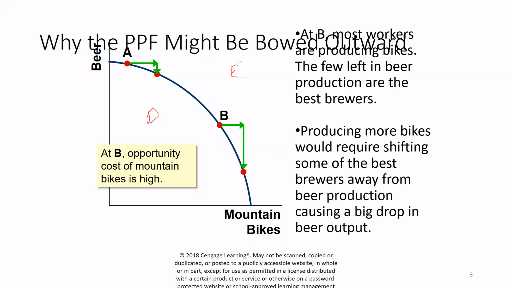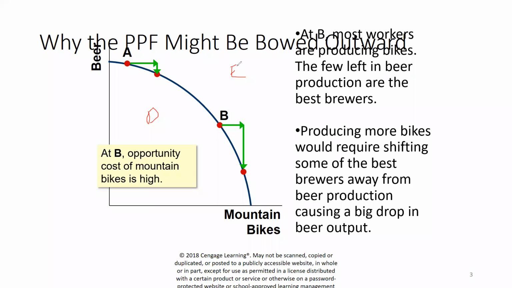All right. So something's going to have to happen to that curve. Now, there are kind of two main shifters. The first one is a change in quantity or quality of resources. That would be more people coming into the United States or more people joining the workforce.